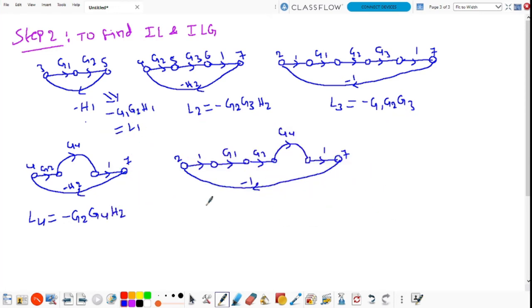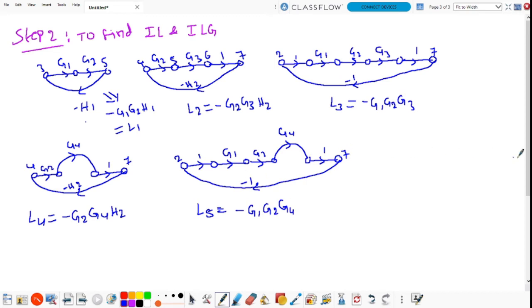The fifth loop gain L5 is 1 into G1 into G2 into G4 into 1 into minus 1, so minus G1 G2 G4. This is the second step: determine the individual loops and individual loop gains.